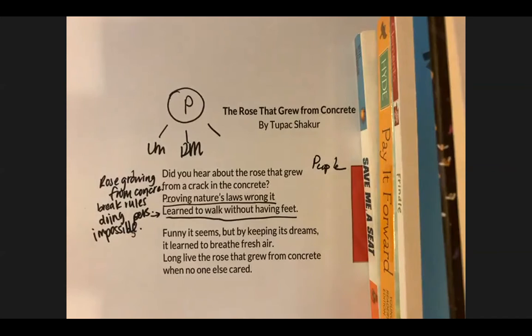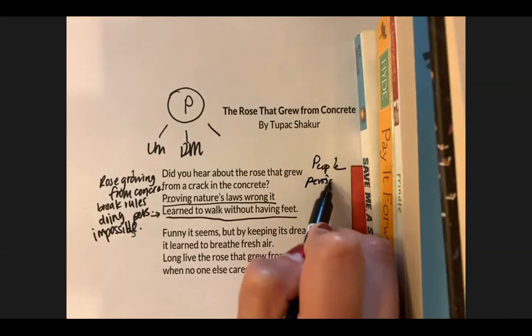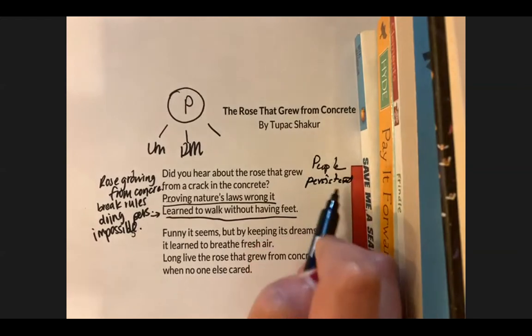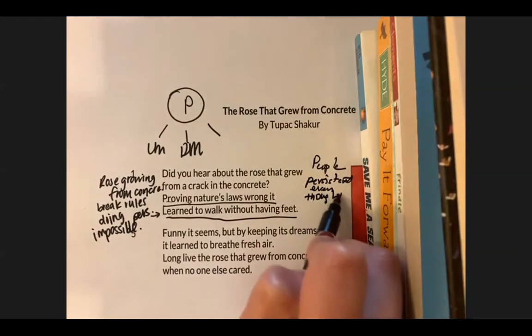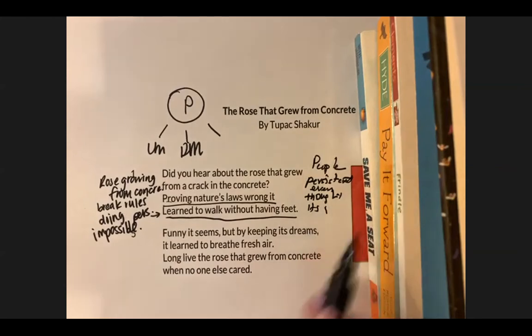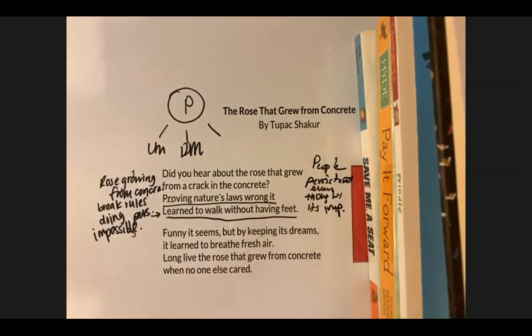We can learn to be persistent. Persistent, even though what? No, it's impossible. Oh, Ms. Patel's struggling to write with such little space, but that's okay. Be persistent even though it's impossible. Like, we're going to hold that in our brains as we continue to read.